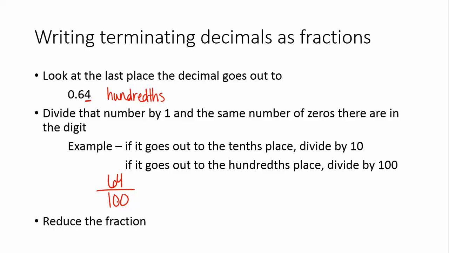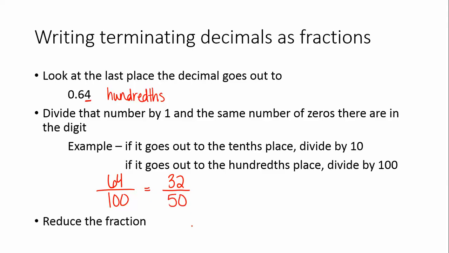And the last step is to reduce the fraction. So what you have to remember here when you're reducing is what number goes into both of these evenly. You might start with 2. 64 is even, so is 100. Okay, so 64 divided by 2 is 32. 100 divided by 2 is 50.